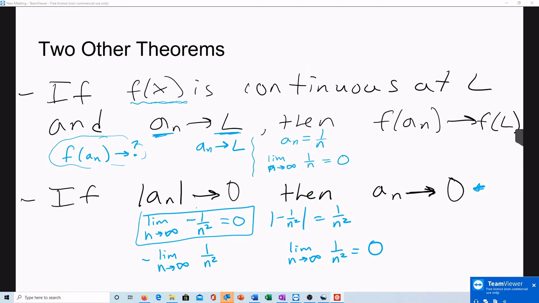So think any function you want. How about the square root? So then what's going to happen to this? Well, by the theorem, this is just going to be the square root of this limit, which is the square root of 0, which is 0.